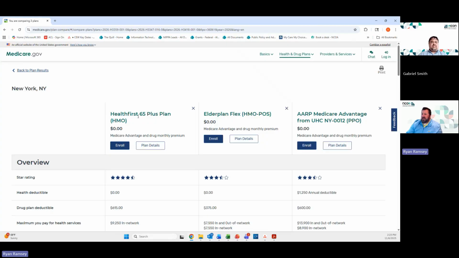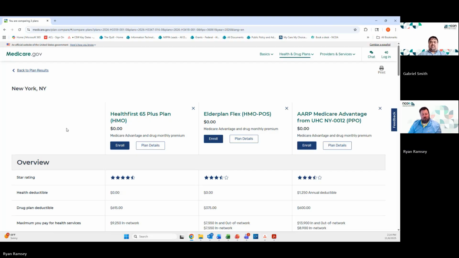You'll see that is the Health First 65 Plus plan. That's an HMO, a health maintenance organization. Elder Plan Flex, that's an HMO POS plan. And the AARP Medicare Advantage from United Healthcare, PPO plan. Just a really quick note: HMOs are generally going to be the more restrictive.